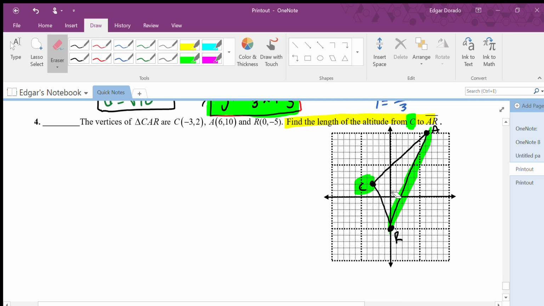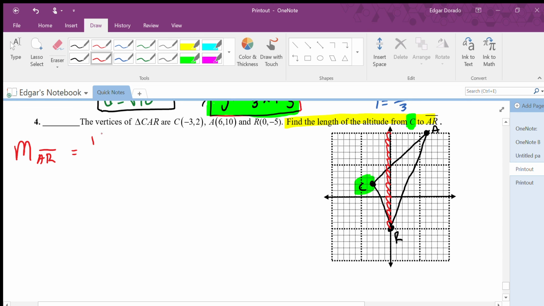So first off, my first step, just like in the past, I need to know what my slope is for AR. So let's go ahead and find what that slope is. Starting from R all the way up to A, let's find it. So my slope for AR is what? That would be up 1, 2, 3, 4, 5, 6, 7, 8, 9, 10, 11, 12, 13, 14, 15.